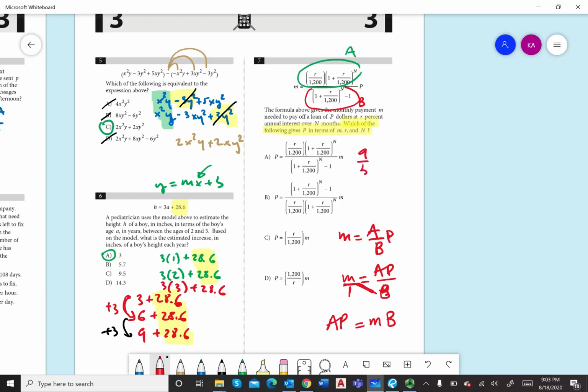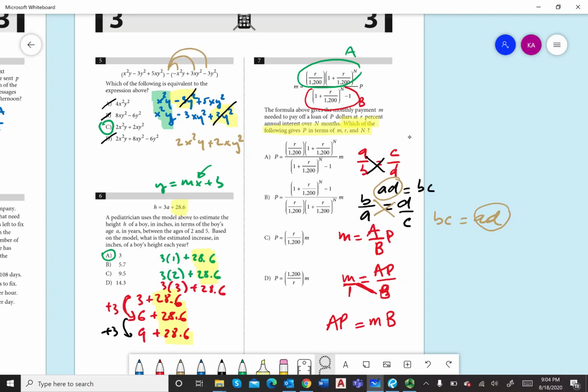Like if I have A over B is equal to C over D, this means that if I do cross multiplication, I would have A and D equals B and C. Okay, if I write it this way, B over A equals D over C, if I cross multiply, look how I still end up with B with C and A with D. So A goes with D and B with C. It doesn't matter how it's written.